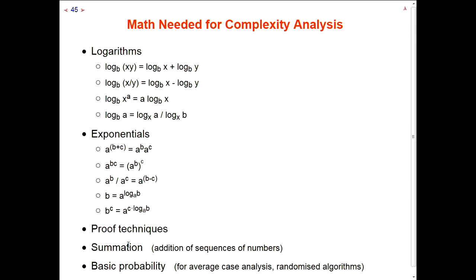Some simple summations might come in handy, such as knowing that if you sum up the numbers from 1 to n, this can be computed with the help of the formula n times (n minus 1) divided by 2. Also, basic probability is often being used for complexity analysis, but only if we are interested more in the average case complexity, which we won't be going into detail a lot here, or if we look at randomized algorithms, which we will do at the very end of this course.